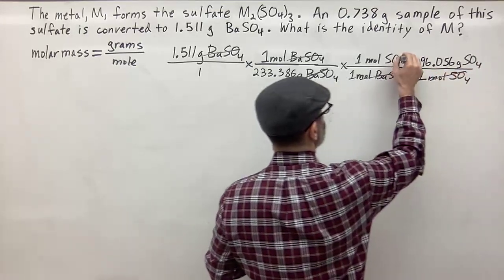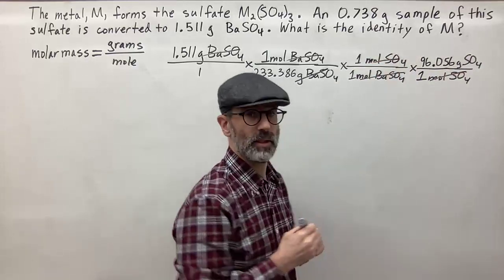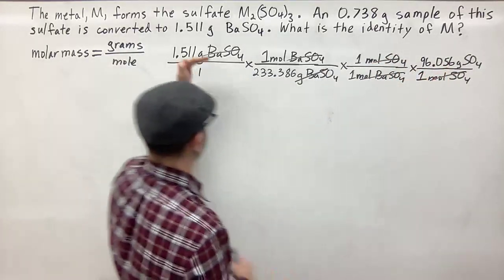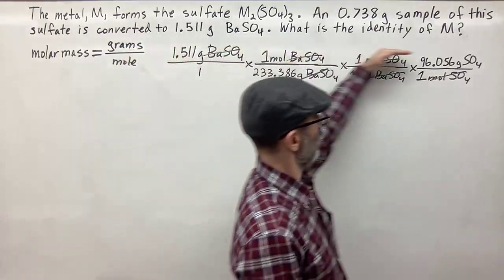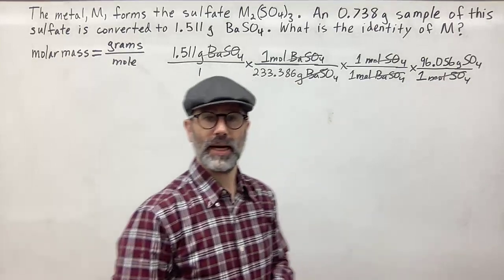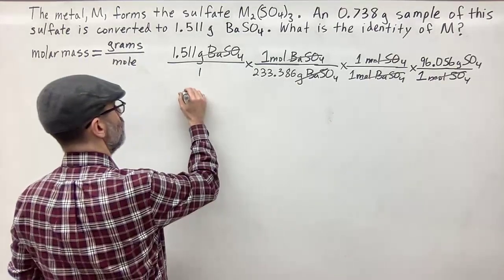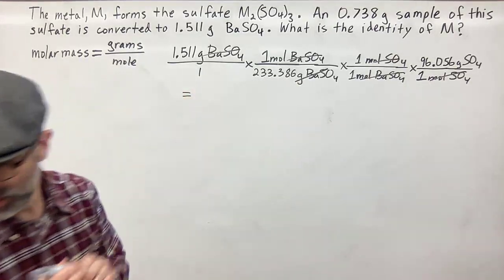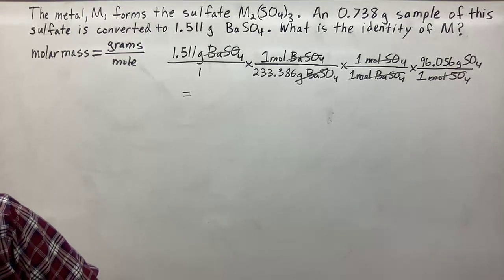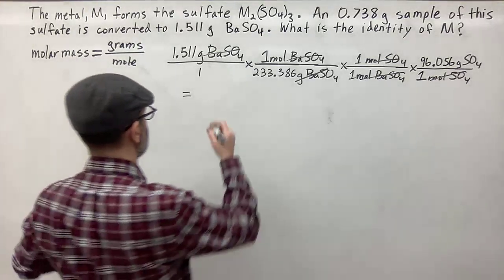So moles of sulfate cancel out. I'm left with grams of sulfate. So now all I need to do is multiply by everything on the top, divide by everything on the bottom, and I get my answer. And when I calculate that out, I get 0.62189.